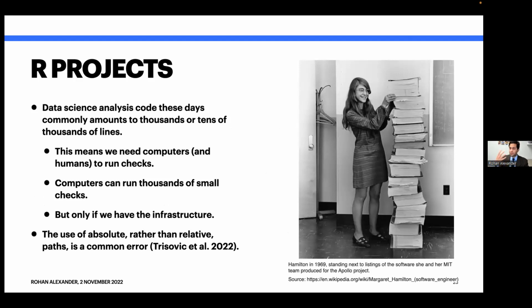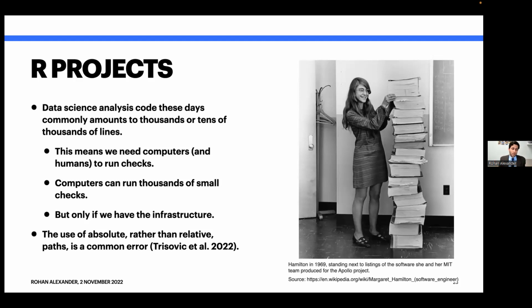And so we need to build in automated testing. I'm not going to spend too much time on that today, but we need to take advantage of computers to test our code, and they can't do that if we use these absolute file paths.